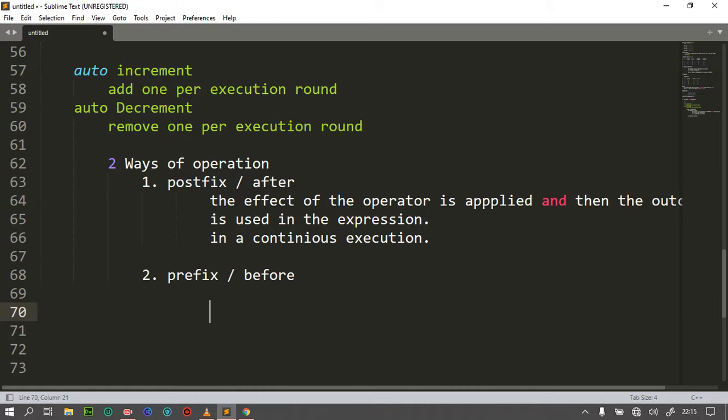So what does it mean? It means that the result of the operator is considered in the next execution, but not immediate. I'll explain that again. Now, if it comes to prefix, it means the operator is first applied, and then the result or the outcome is used in the expression.